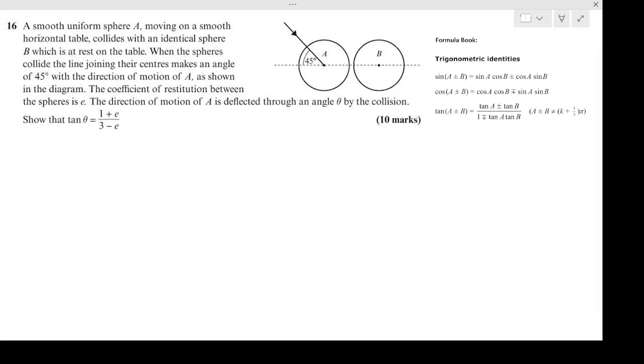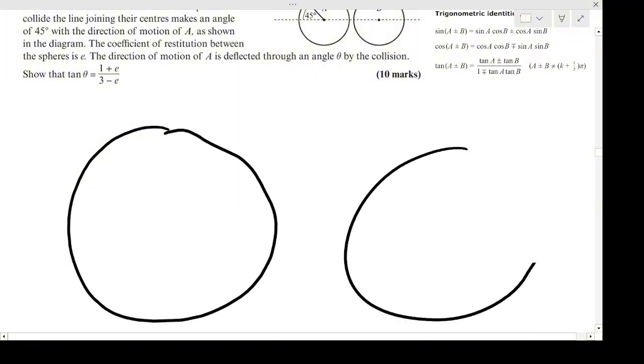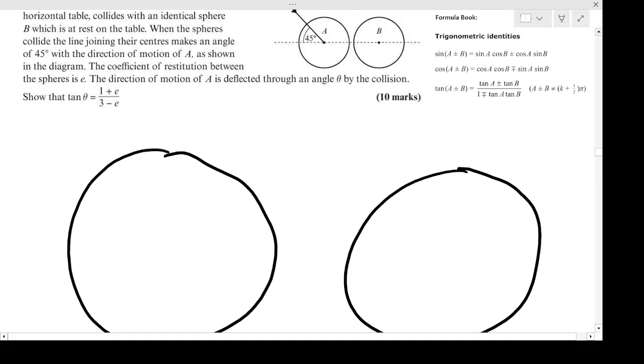Right, so now we've got this question here. I'm not going to read the question out because I'm giving most of the information on the diagram anyway. So I'm just going to draw the diagram out, but bigger. So I have my two spheres here, and my line of centres here.